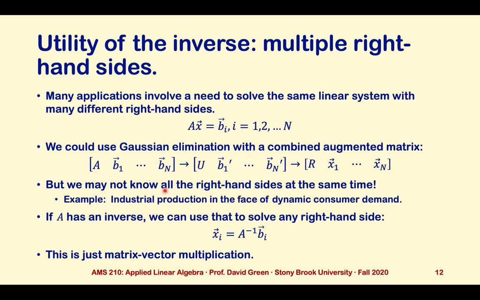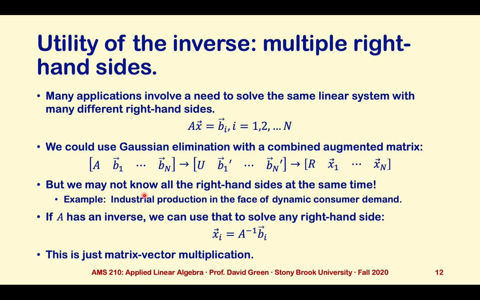But this only works if we know what all the right-hand sides are at the same time. And this class of application, where we have the same linear system but with many different right-hand sides, often manifests in a way where we do not know all the right-hand sides at any time.